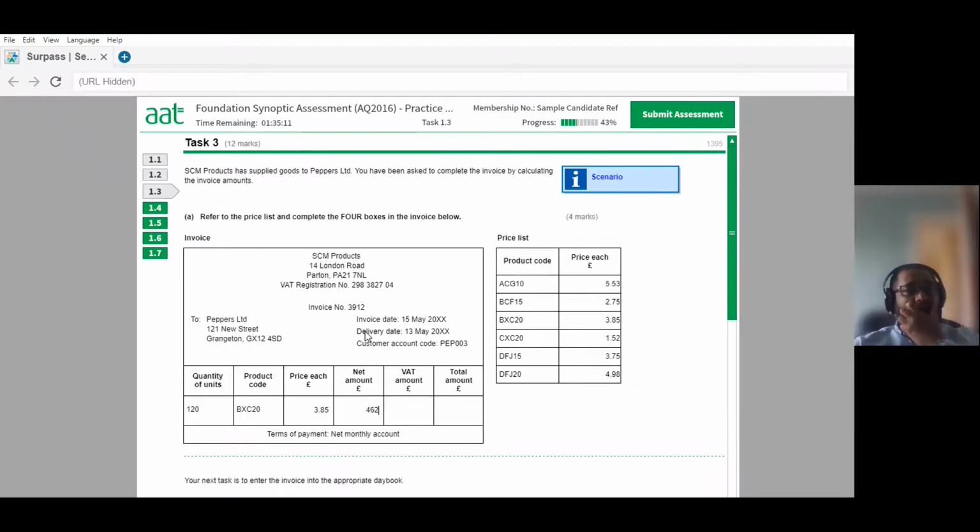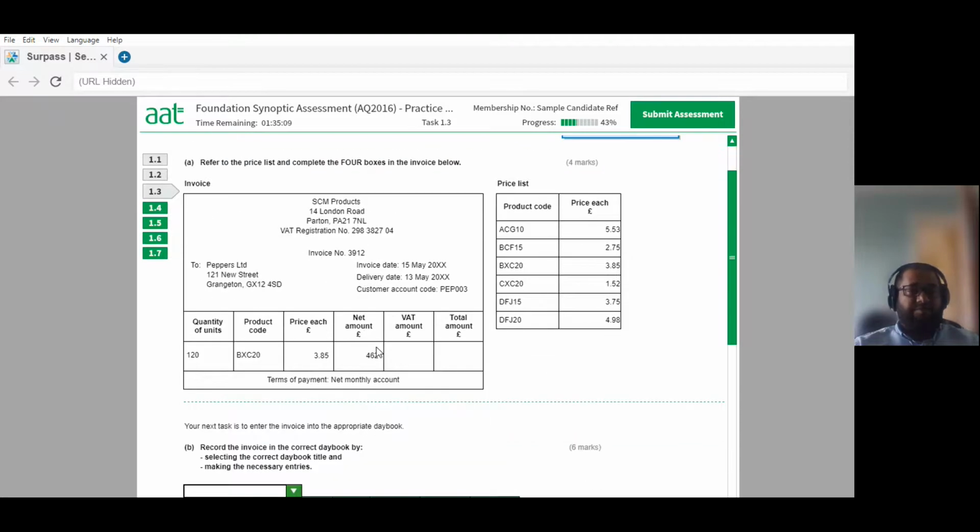So now we are looking at just filling in that invoice here. There is no discount in sight anywhere, so the VAT amount is going to be 20% of it. Multiply by 20%, that gives me £92.40, which gives you the total amount. After that, add both of those together, 554.40.